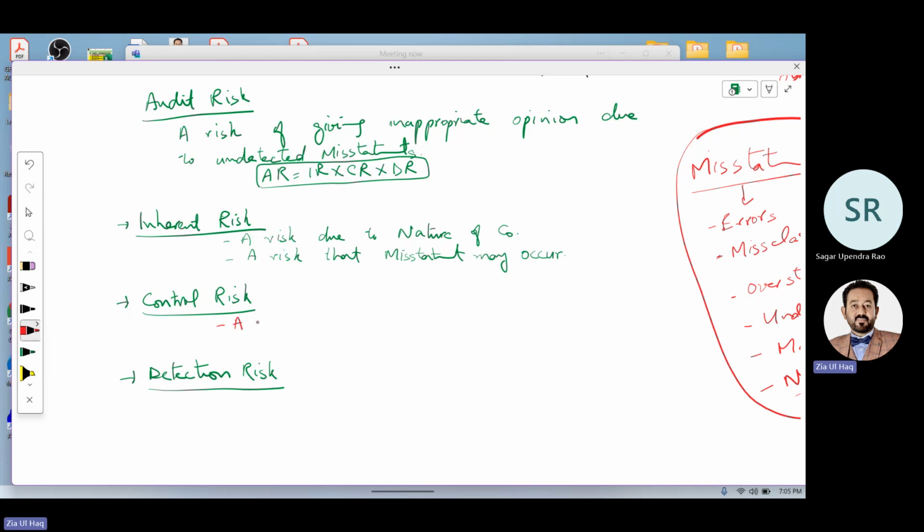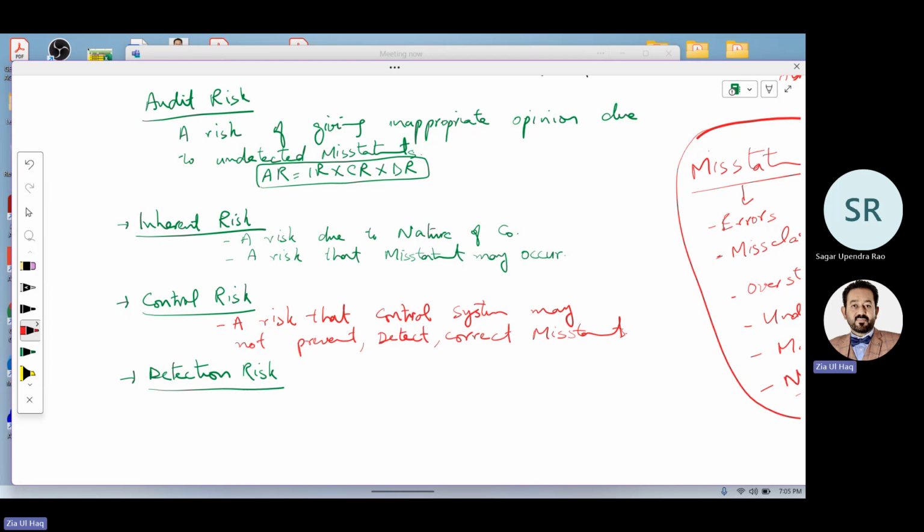A risk that control system of client company may not prevent, detect, or correct misstatements. Misstatements mean fraud and errors.